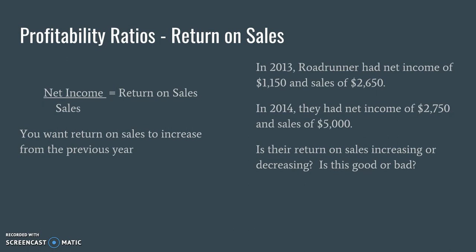In 2014, they had an income of $27.50 and sales of $5,000. Is their return on sales increasing, decreasing? And the question then being, is this good or is this bad? So go ahead and do the calculations on your own, determine on your own whether or not you believe this is an increase, a decrease, or if it's beneficial or if it's a drawback.